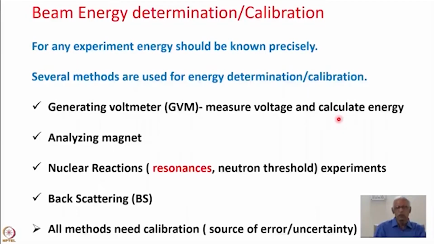Some errors are automatically taken care of or eliminated, and therefore the measurement of energy is very accurate in the case of backscattering. However, in all these methods we need calibrations, and whenever calibration is involved, some source of uncertainty will be involved, and therefore it is not absolute energy but with some uncertainty.